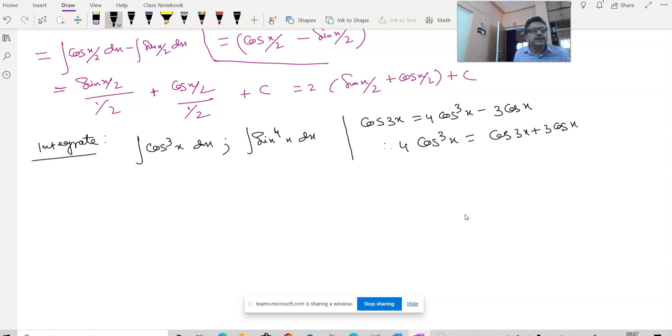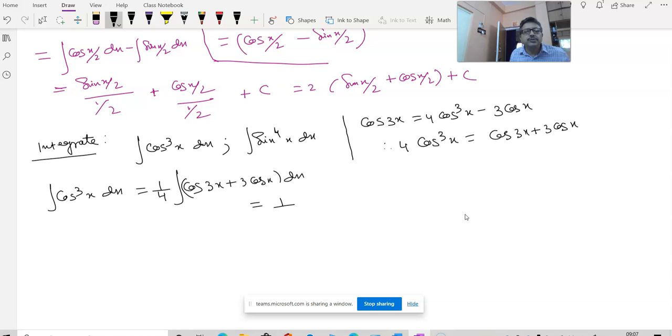The first integrand cos cube x dx can be written as 1/4 of cos 3x plus 3 cos x dx.